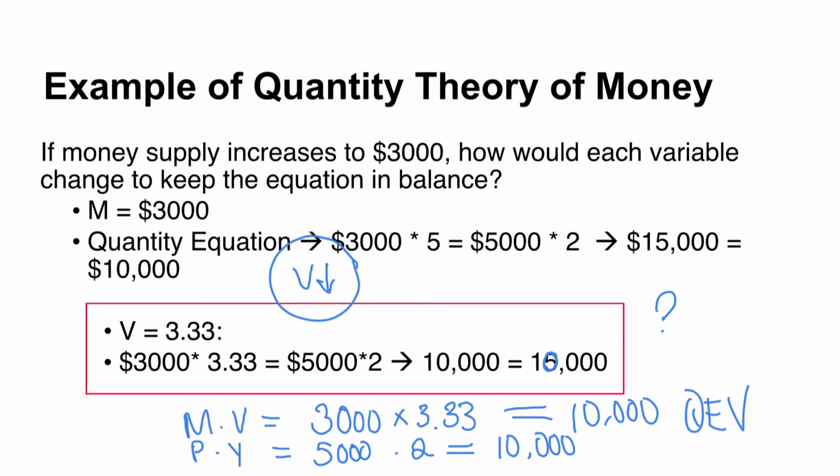So can we change velocity? Well, what we know from studies by economists is that in fact velocity does not change that frequently in our economy. So if there is a change in the money supply, there's no reason for us to assume that people will all of a sudden use money more, or that the transfer of money from one person to the next, or how money changes hands, the definition of velocity, would change in any way simply because the money supply increases or decreases.